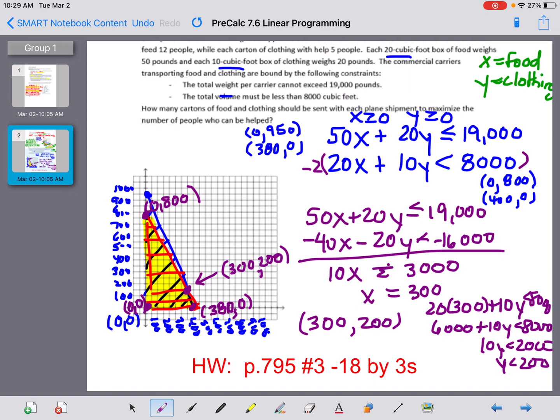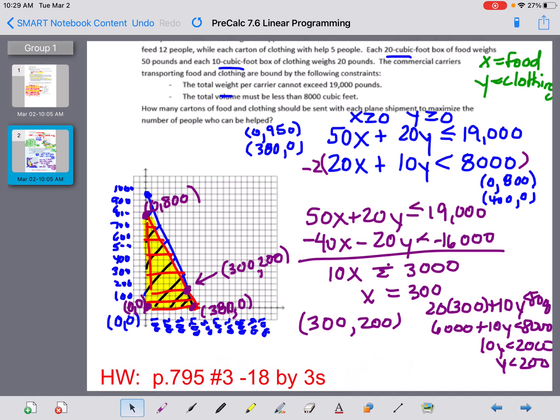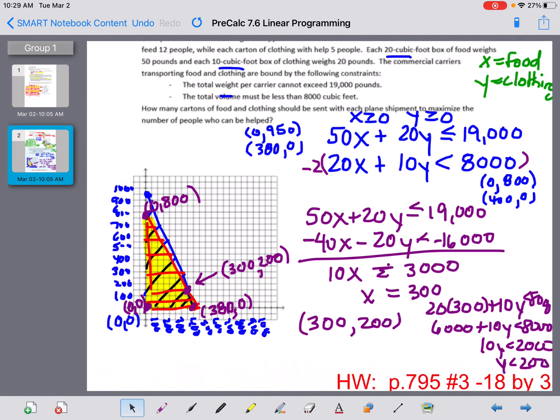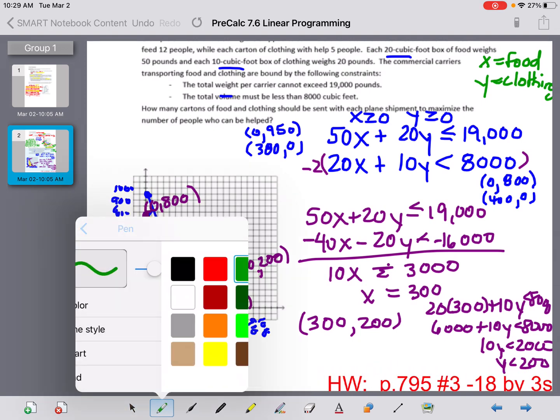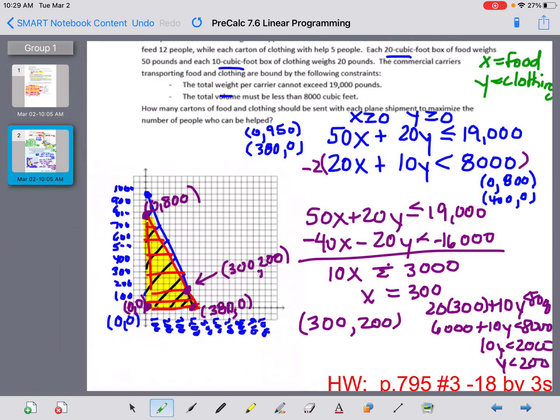Okay, let's see if we can squeeze in our objective function somewhere. Let me put this way over here. So the points I want to check are 0, 0; 0, 800; 300, 200; and 380, 0.